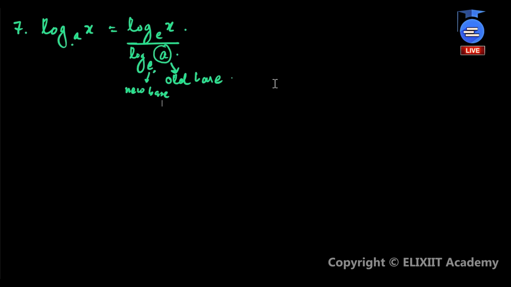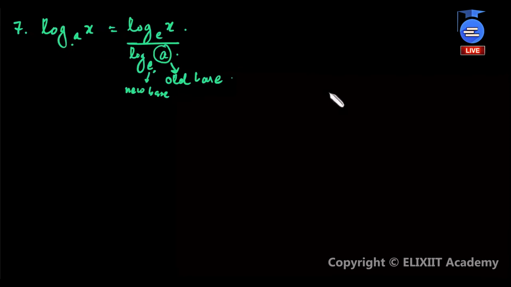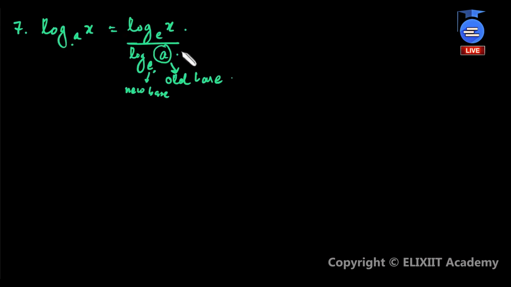So what is the meaning of this? You have to remember it in this manner: whatever was the old base, that will now be the argument of the log. Log x base e, where e is nothing but the new base.